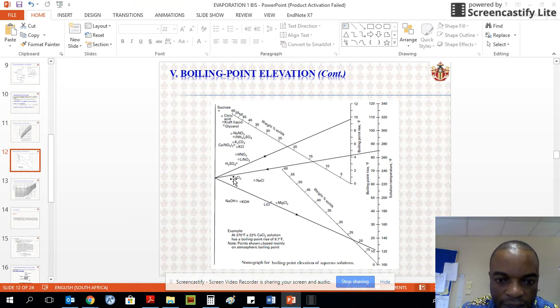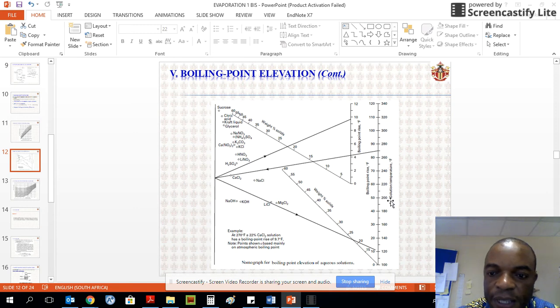If your component dissolved in water is calcium chloride, and you know that pure water at the given pressure will boil at 270 degrees, you have to draw a line from that temperature.